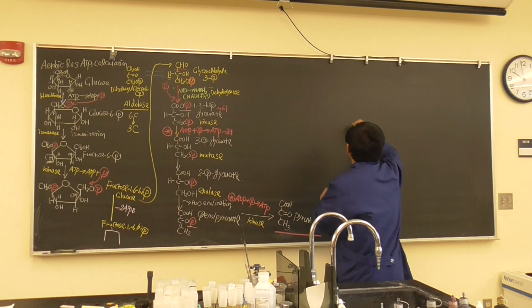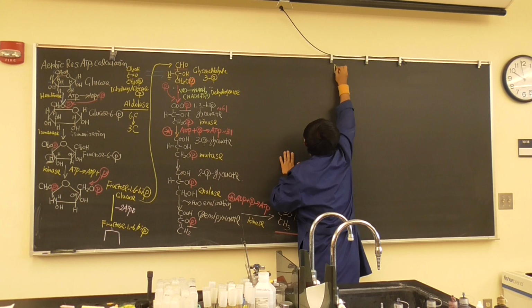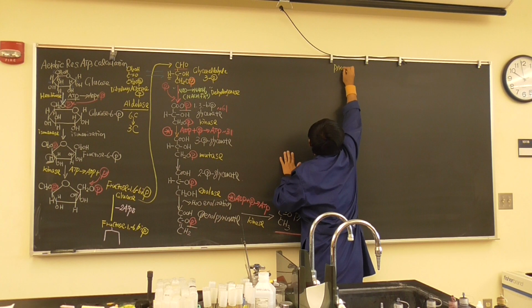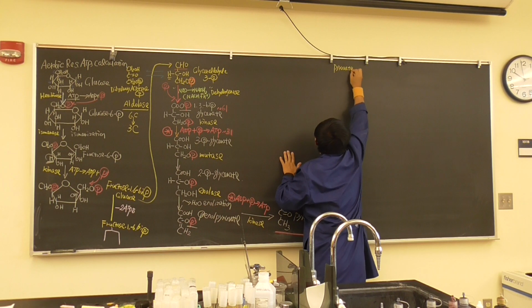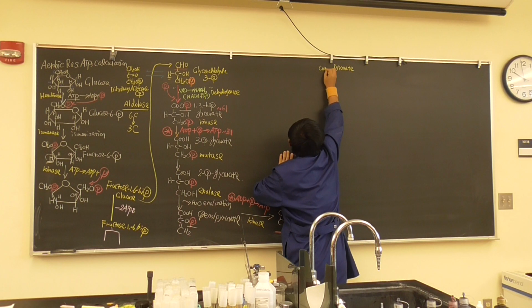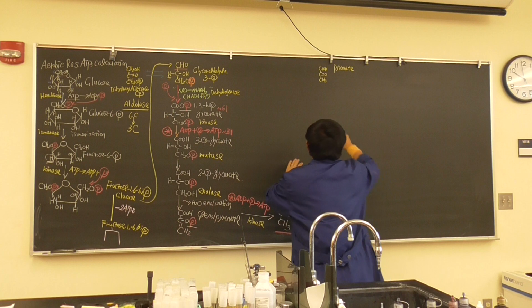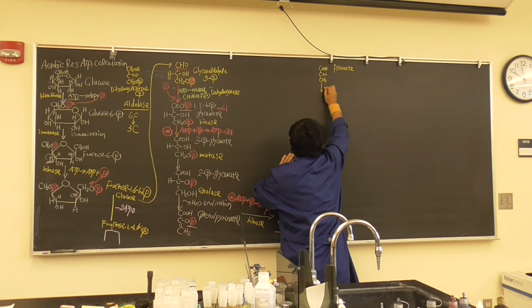So pyruvate we're going to write on the top. Let's just draw right here. Pyruvate. Okay, so pyruvate, COOH, CH3. First of all, it's going through a transition step.